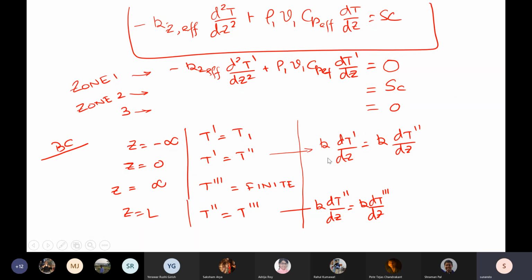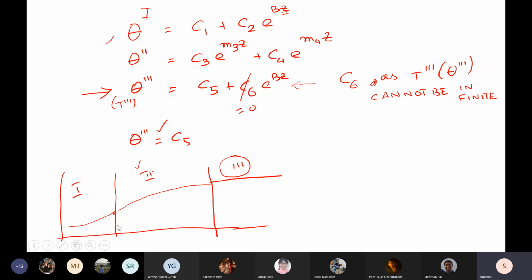The heat flux continuity. So what this exercise tells us is that for a perfectly insulated tubular reactor, you are going to get some amount of preheating as the reacting mixture approaches the reaction zone.